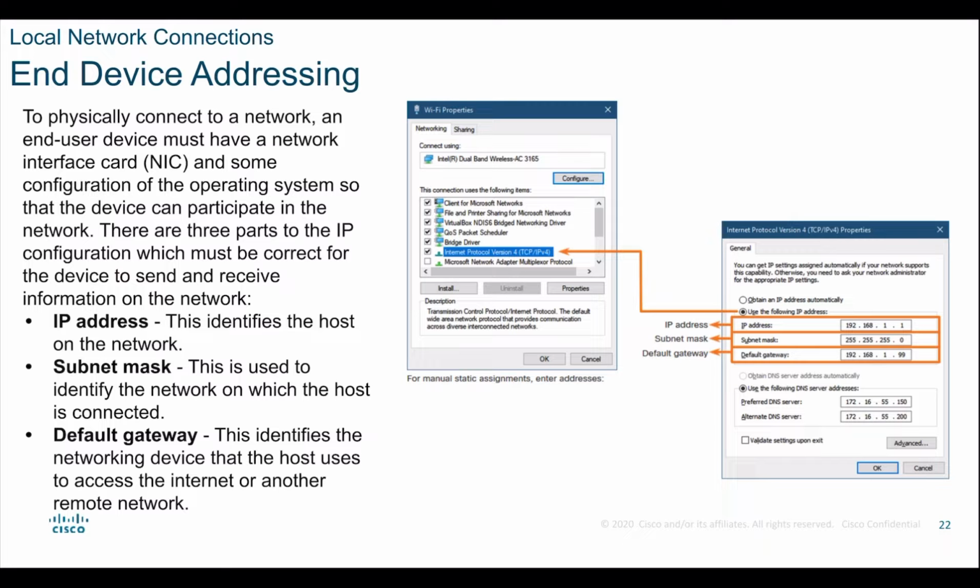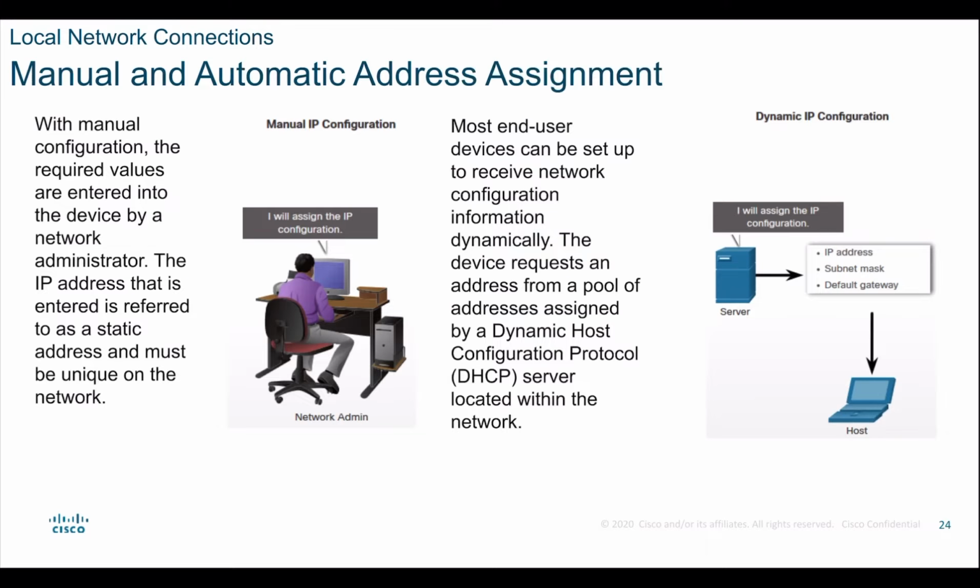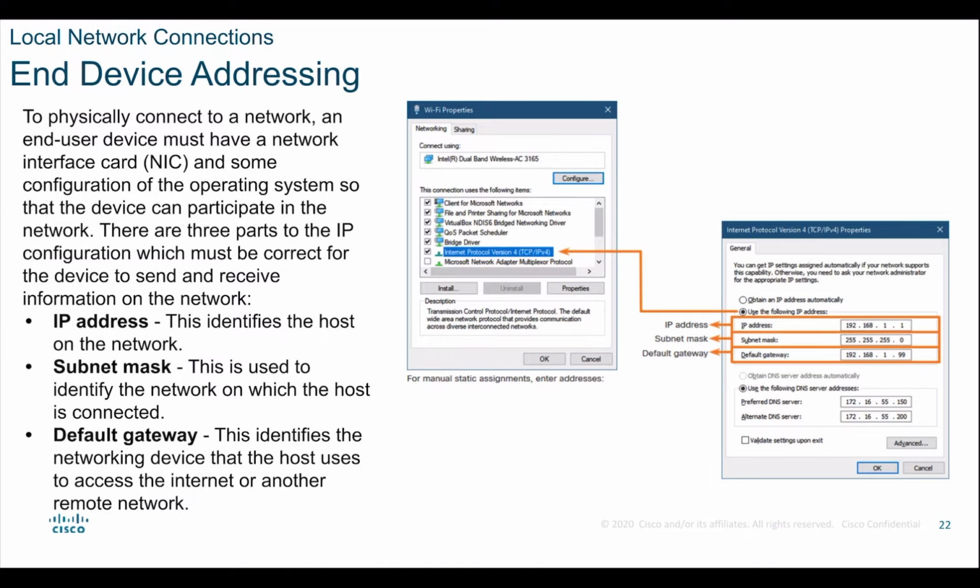Next is Subnet Mask. Subnet Mask is going to identify which network the host is connected to. Again, we're going to break this down even more. Right now, I just need you to be aware of the idea of a Subnet Mask. If you look on the right-hand side here, where it says Subnet Mask, it's the second box over.